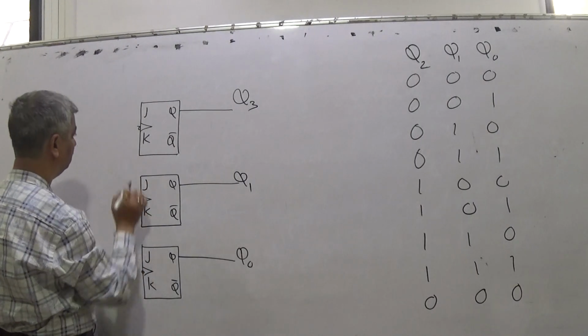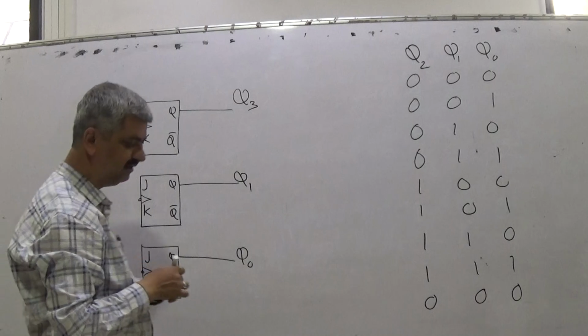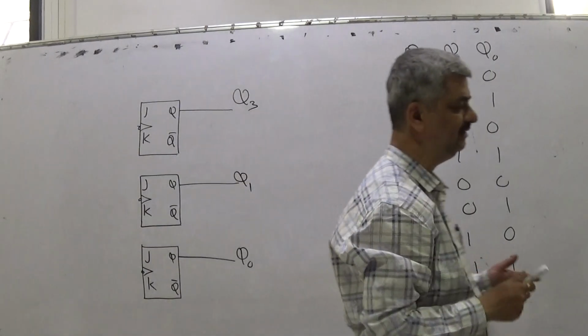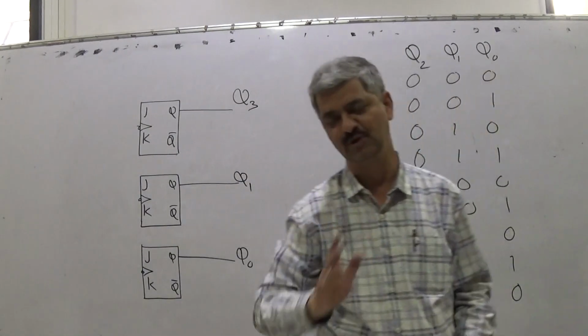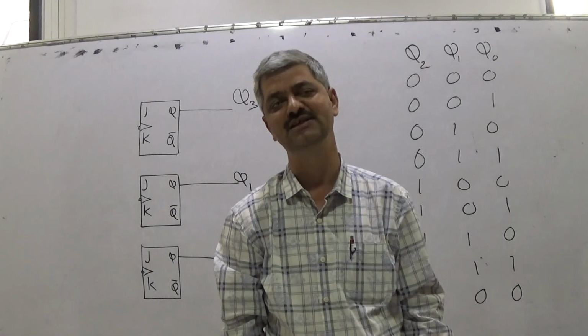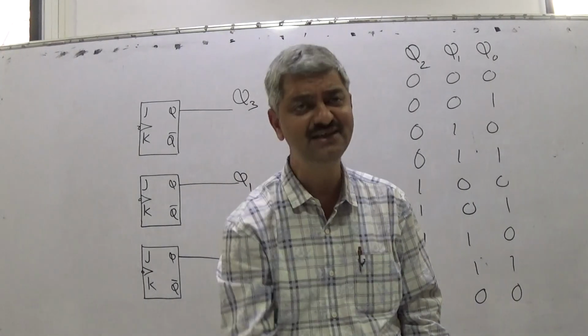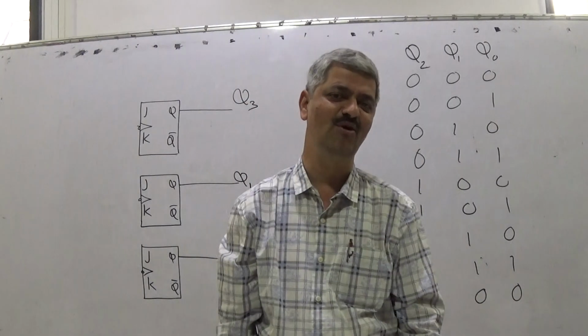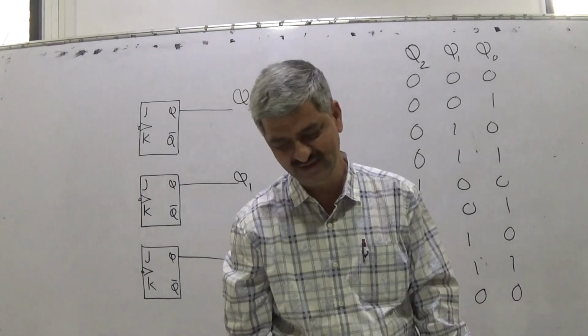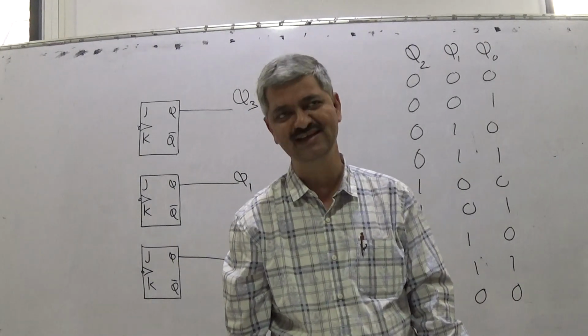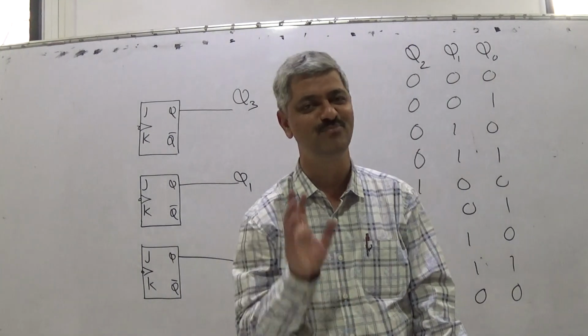If you go through the syllabus, there are 2 types of counters, asynchronous and synchronous. That discussion was important a few decades back, but nowadays it is not so important.